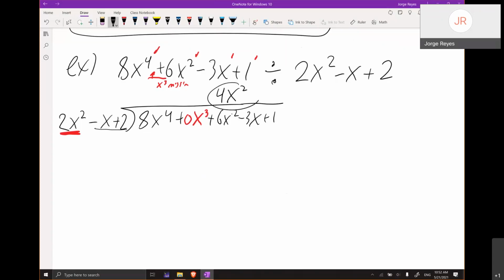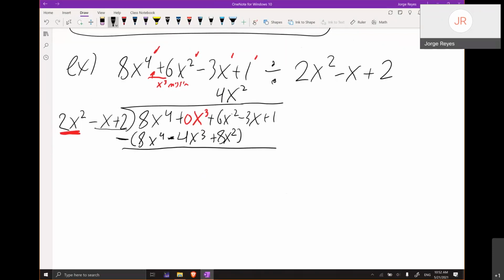So then I'm going to multiply this by all of this, okay? So we're going to get an 8x to the 4th, and then minus 4x cubed plus 8x squared. Okay, and then I'm going to subtract the whole thing. So you're going to get 0 here, because that's the point.